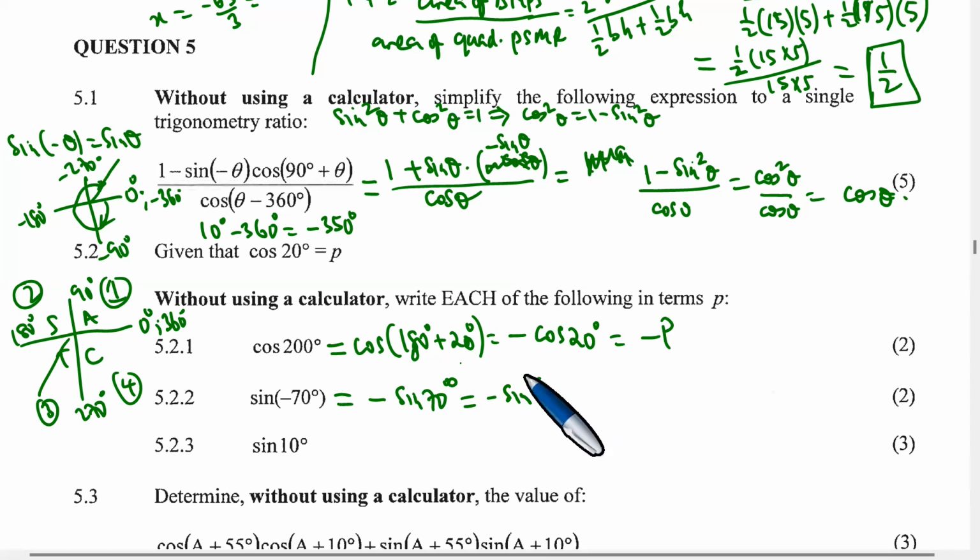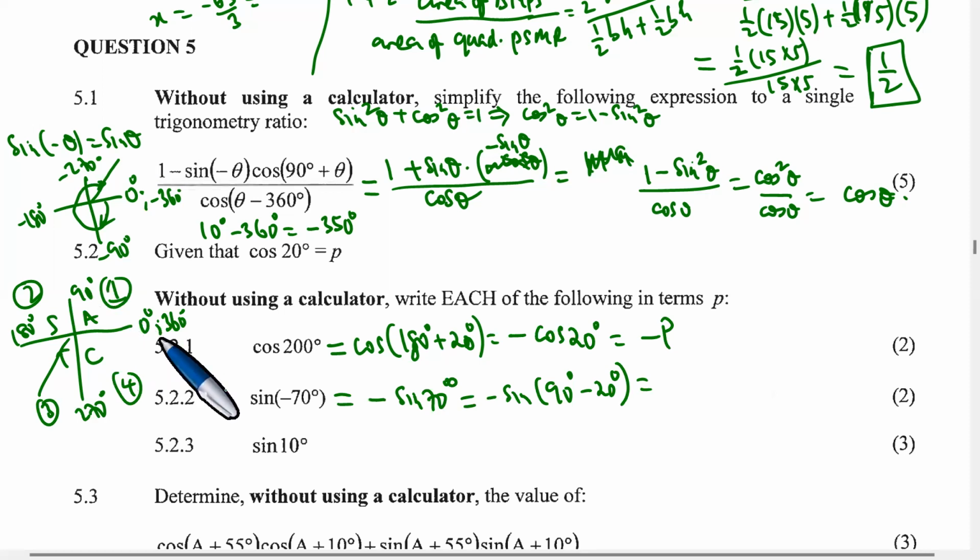What is 70 degrees in terms of 20? 70 degrees is the same as 90 degrees minus 20 degrees, because 90 minus 20 is 70. You know which quadrant 90 minus is in? 90 minus is in the first. This is 0, 90. If it is 90 minus, you are making it smaller, going closer to 0.